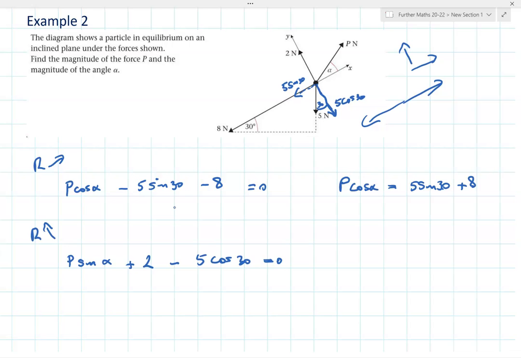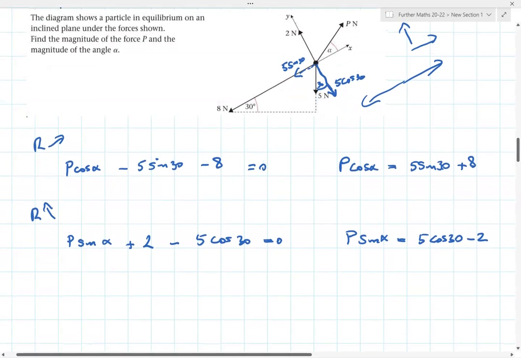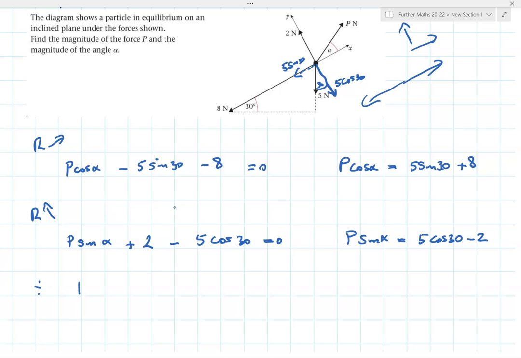Right, okay, so what we can do is then, again, we might just go straight to the rearrangement of that. Forces one way give you the forces the other, but it gives you P sine alpha equals 5 cos 30 minus 2. So here we go. What we can do is divide these two. So we have P tan alpha is going to be P sine alpha over P cos alpha.